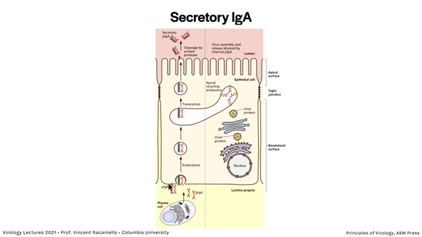And then on the basolateral domain of cells, there's a receptor, the pIg receptor, which binds this antibody, takes it into the cell by endocytosis. The vesicles then move across the cell in a process we call transcytosis, and eventually fuse with the apical domain, and that releases secretory IgA. It's actually stuck on the cell membrane.